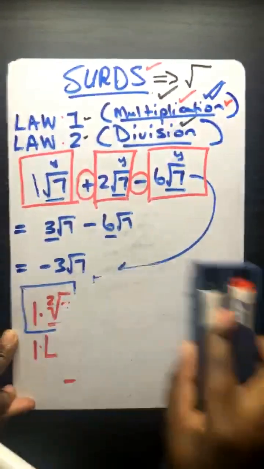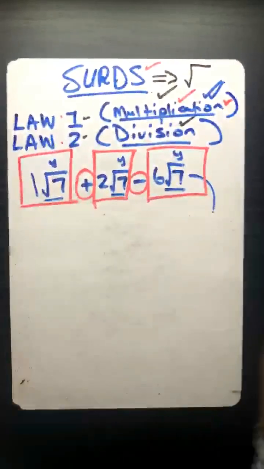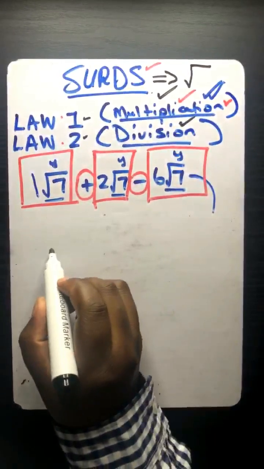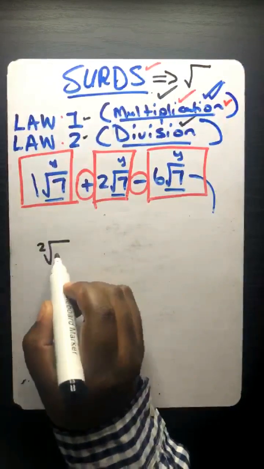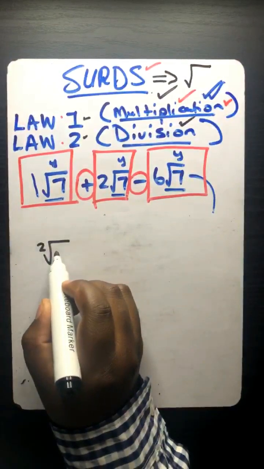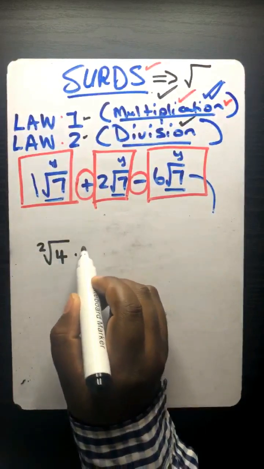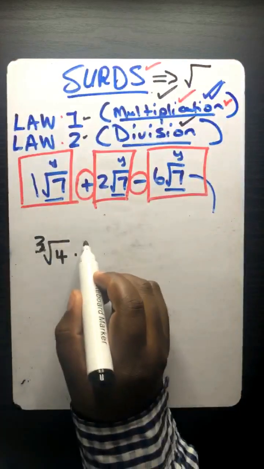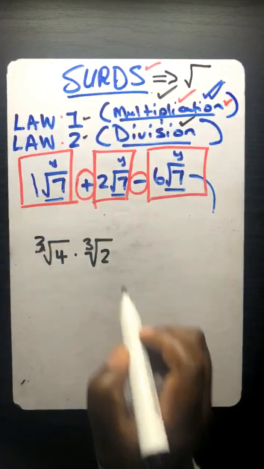Maybe to make some sense, Luvuyo, and for the sake of everyone else, let me do this. Let's say, for example, you were given 2 square root of 4, I'm just trying to think of something here, times, not even 2, but let's say 3 to be practical, times 3 square root of 2.